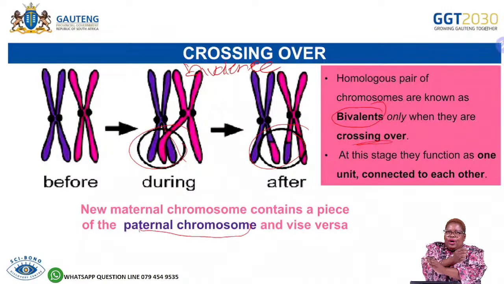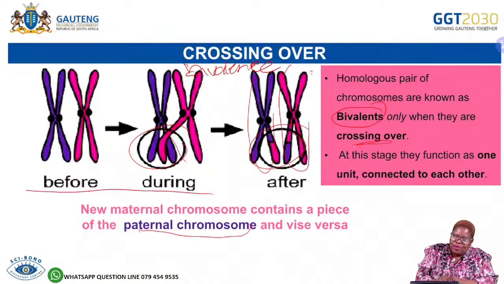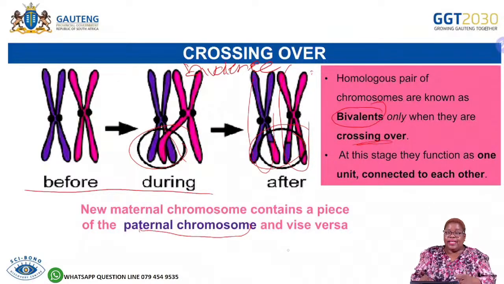And immediately when we see that crossing over has taken place with those homologous chromosomes, then you can refer to them as bivalents, all right? So this is a new chromosome. Remember, this is before crossing over took place. Then we've got a new chromosome. It contains a piece of paternal chromosome and a piece of maternal chromosome.